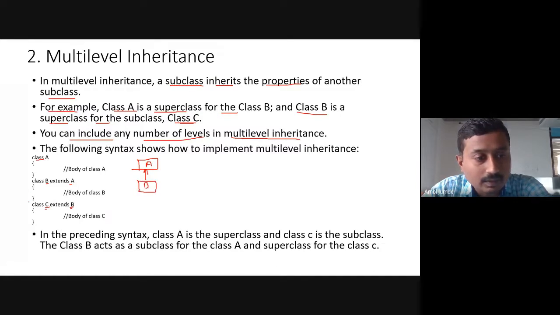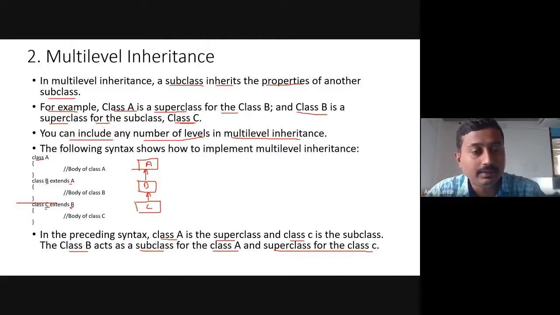So this is done up to this point, and then C is inheriting another subclass. In the preceding syntax, class A is a superclass, class C is a subclass, the class B acts as a subclass for class A and superclass for class C. Very basic. So you may take a screenshot of this.